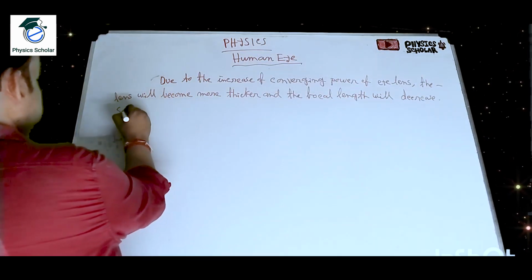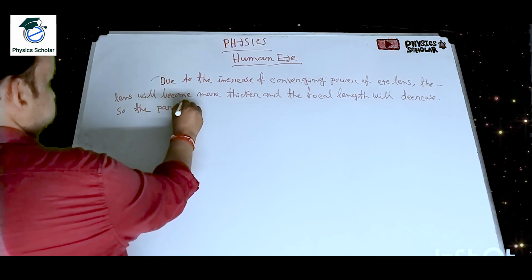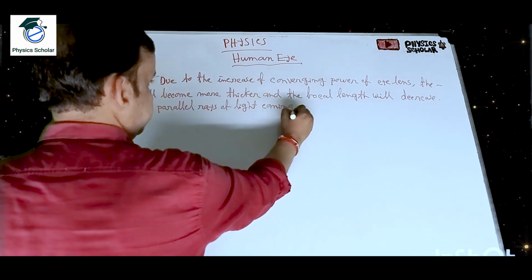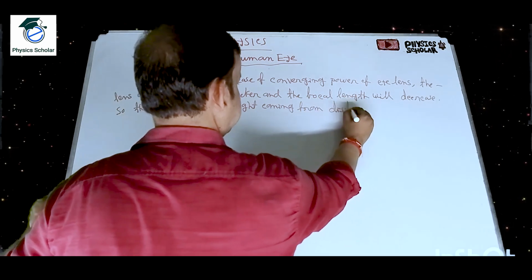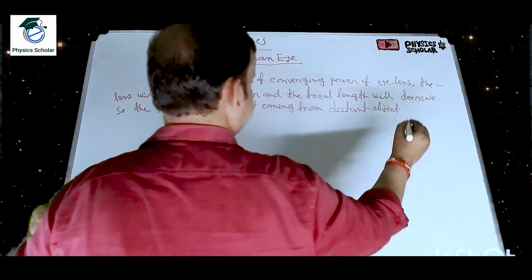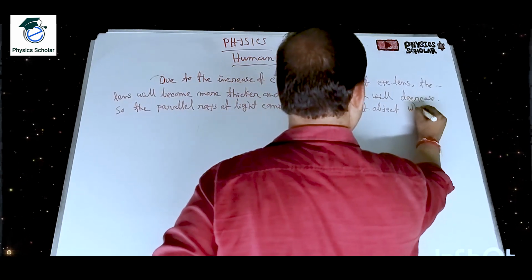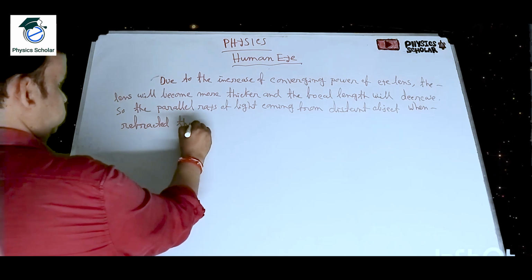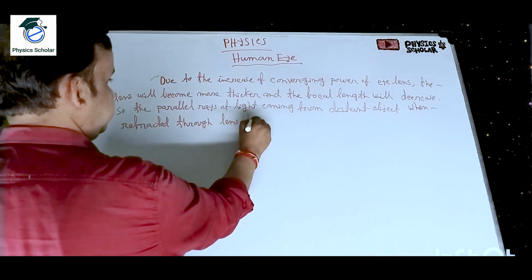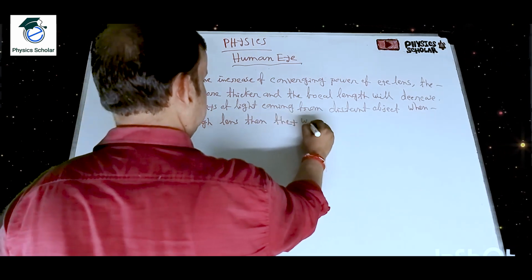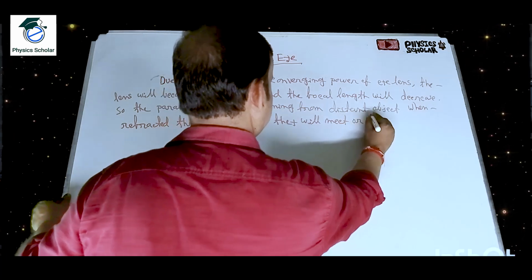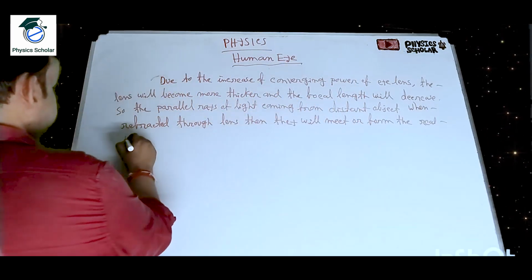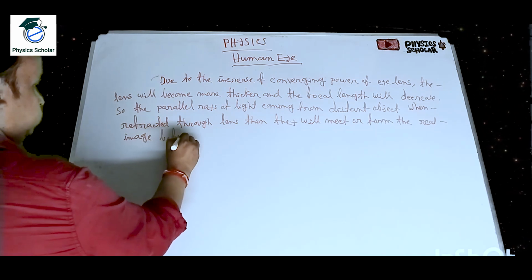So the parallel rays of light coming from a distant object, when refracted through the lens, will meet or form the real image before the retina.